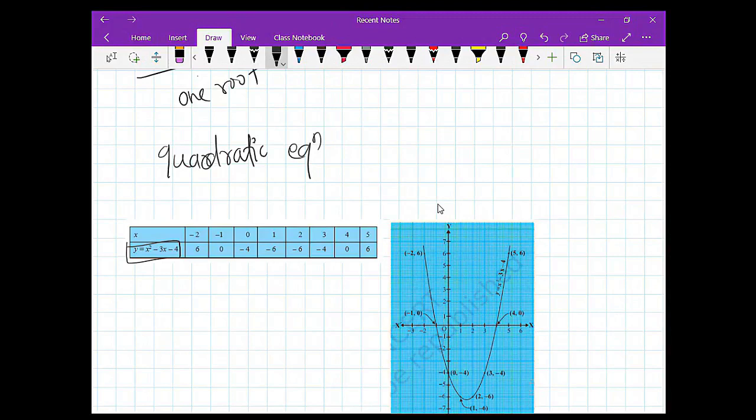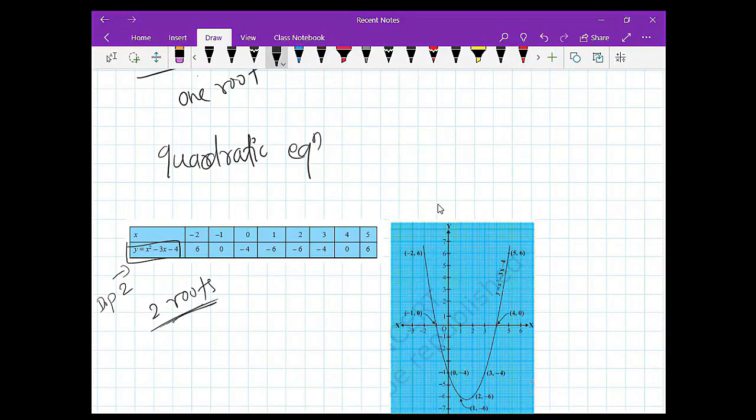Yesterday we discussed the degree of this polynomial. The degree of this polynomial is 2, so that is a quadratic equation. And how many roots does a quadratic equation have? We discussed yesterday: maximum 2 roots.